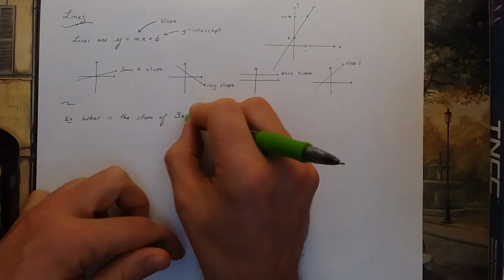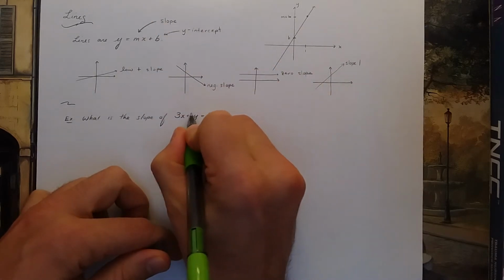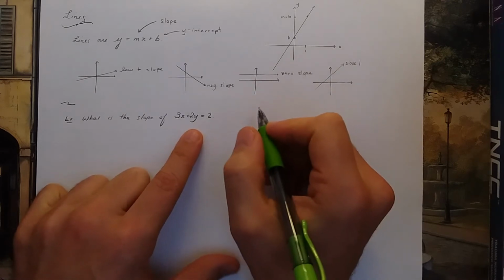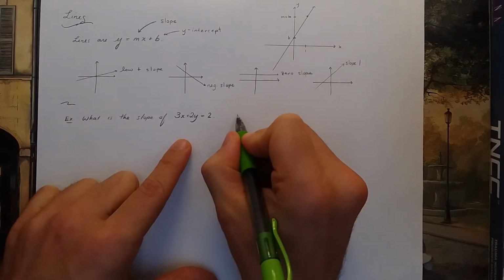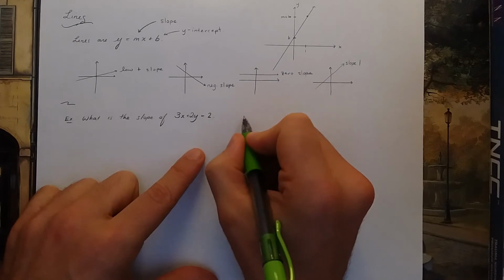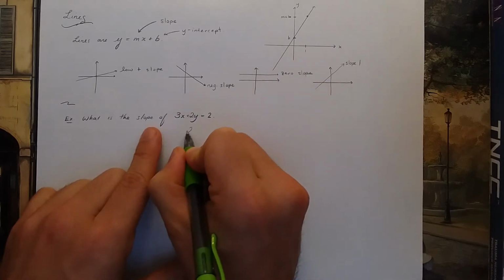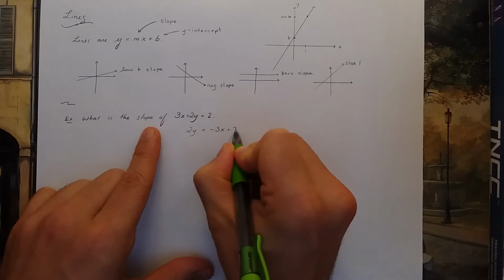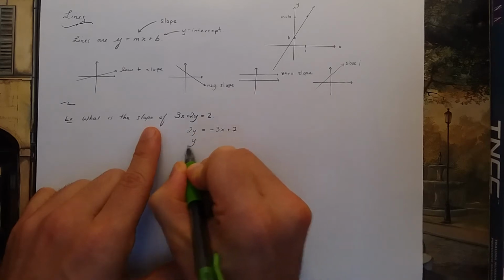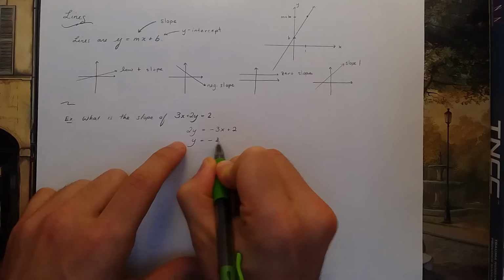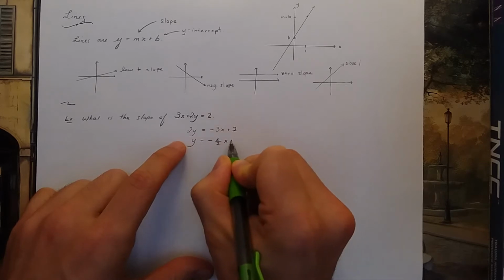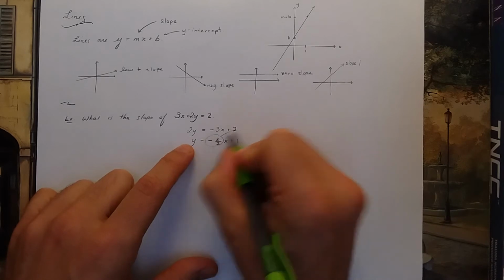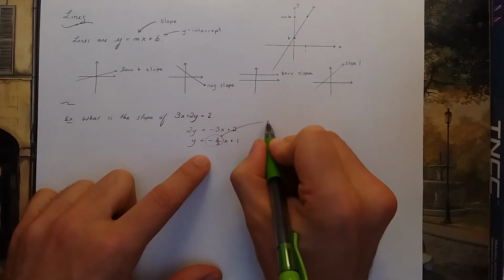Actually, maybe to make this problem more interesting, let me do 2y. So I'm going to solve for y exactly, and that means I'm going to subtract 3x on both sides. So if I do that, I get 2y is negative 3x plus 2. Then I'm going to divide by 2 to get negative 3 halves x plus 1. Therefore, my slope is negative 3 halves.